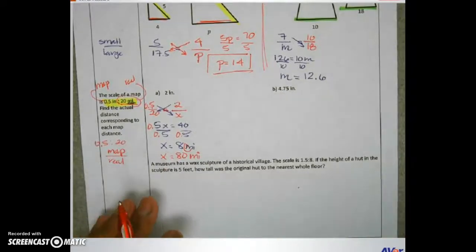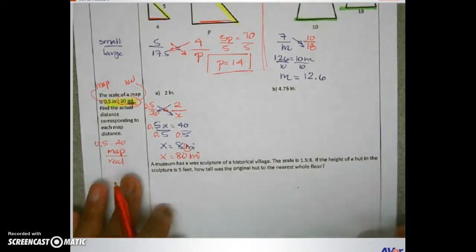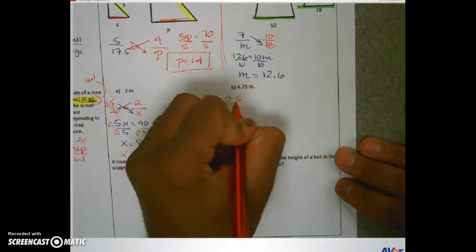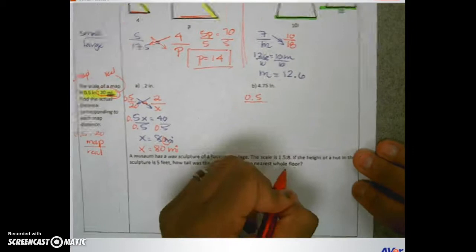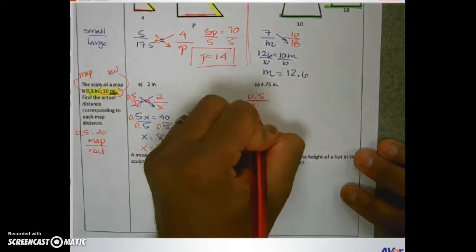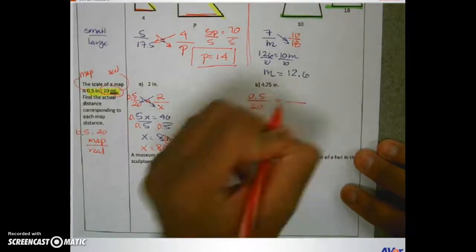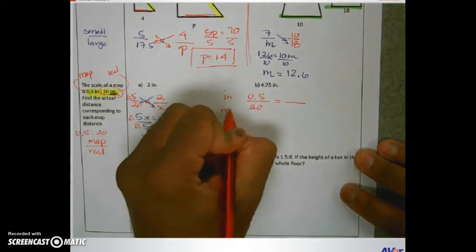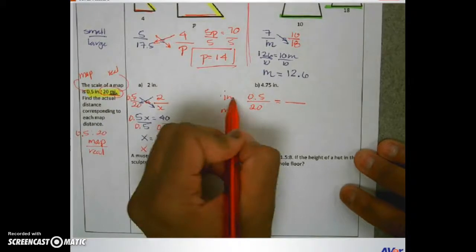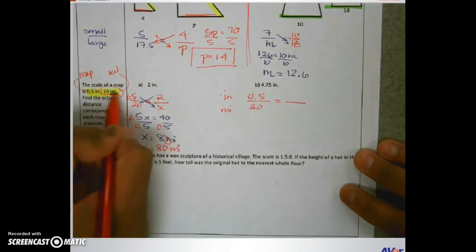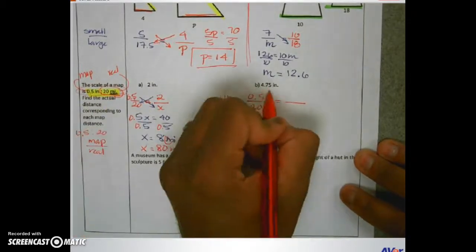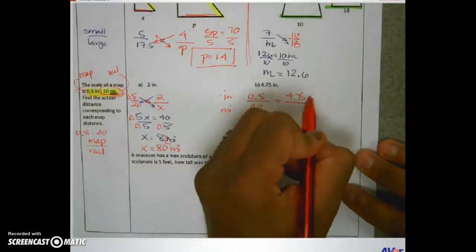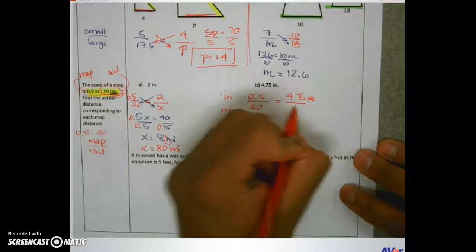Okay, you want to do the next one together since I messed up the last one? I guess. So I'm going to start with 0.5, not going to mess that up again, over 20 equals, this is going to be inches over miles, because this is the map in real life. So 0.5 over 20, that's my original. And then this is 4.75 inches, so I'm going to keep the inches up top, over x in real life.